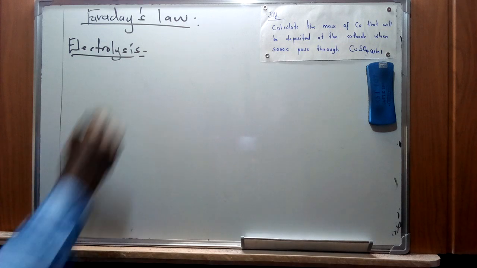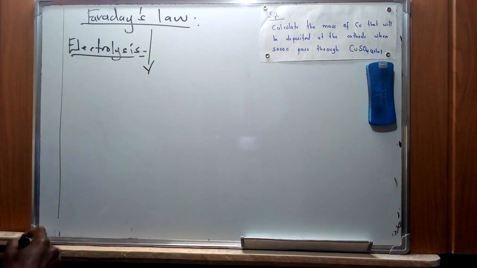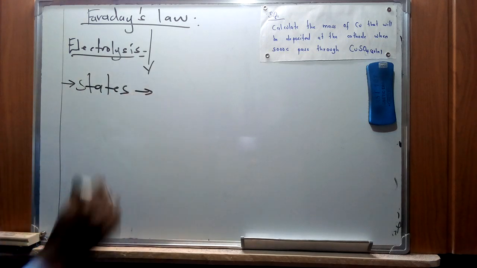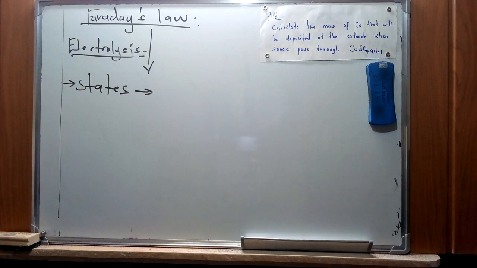So in this case, we're going to see that the implication of Faraday's law in this process of electrolysis is very wide, in a sense that this law tries to give a relationship between the number of electrons or the charge in that essence under the relative formula mass. And the law states that this is Faraday's law that relates to electrochemical stoichiometry.